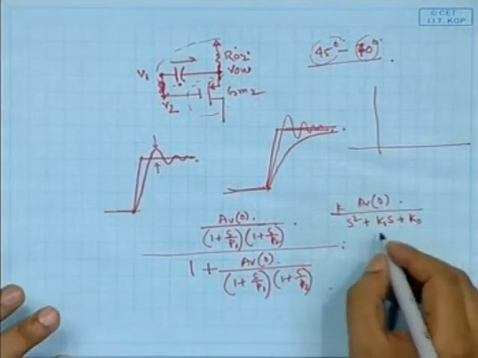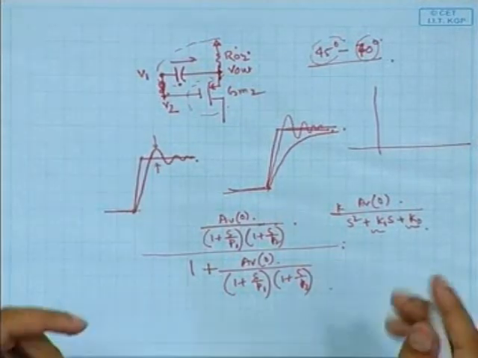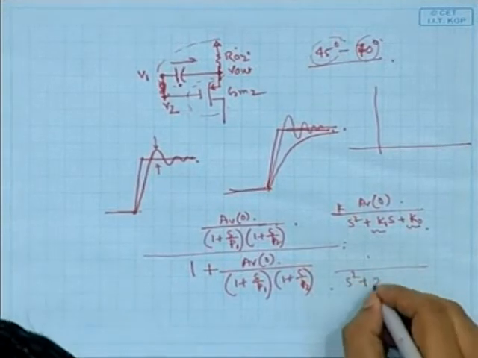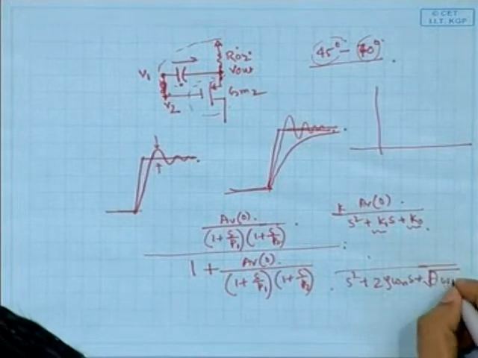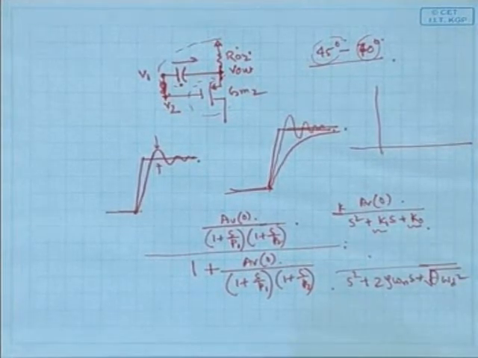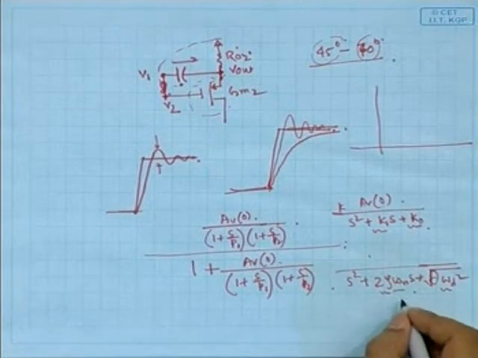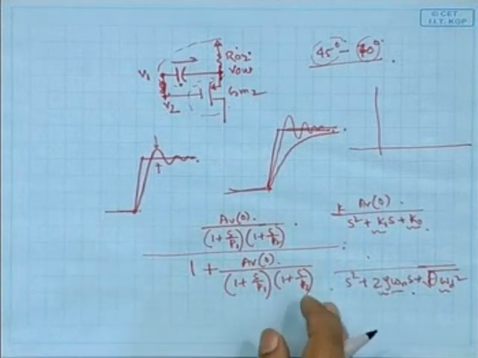Depending upon these k1 and k0 parameters, we have learned it, na? So this omega d, this omega n and this rho will actually define what would be the settling time of the circuit.